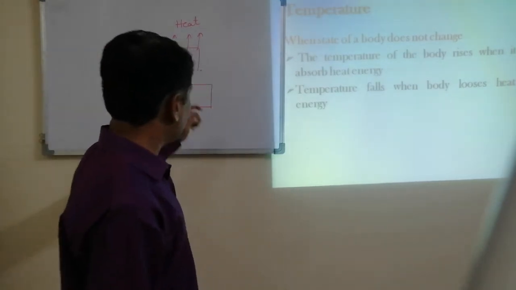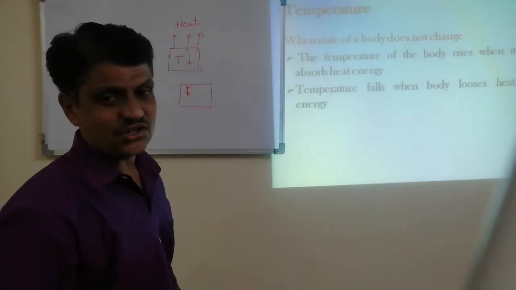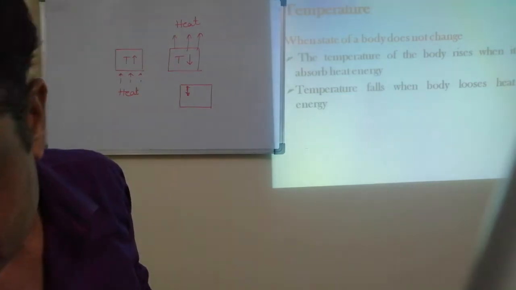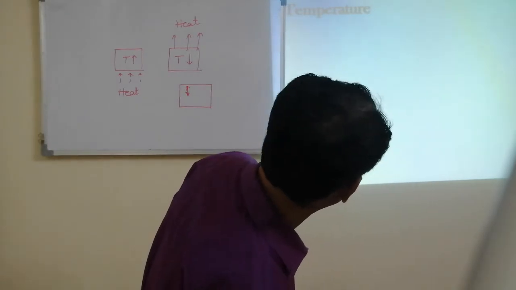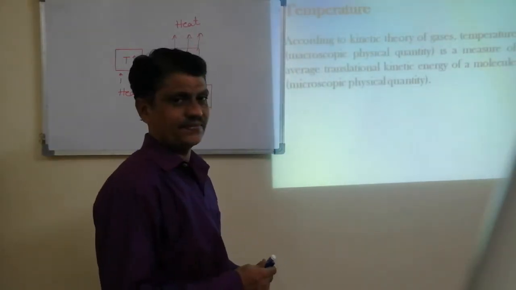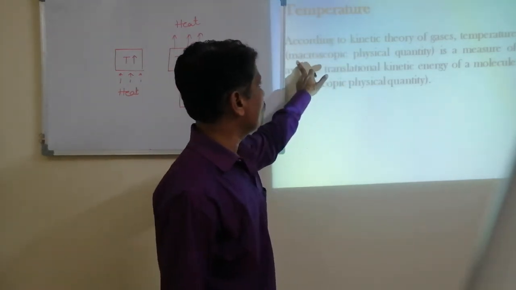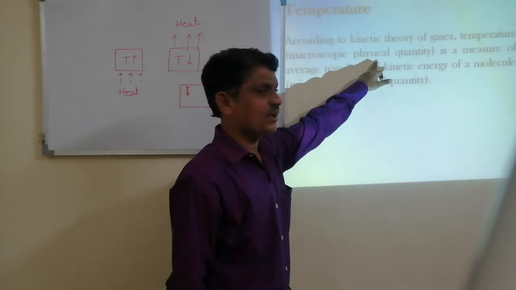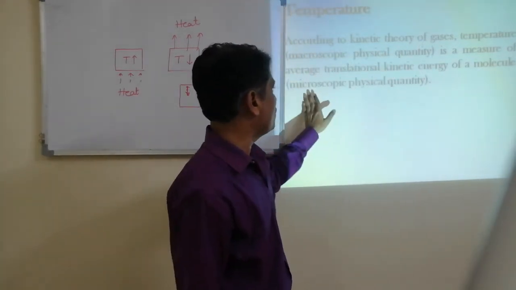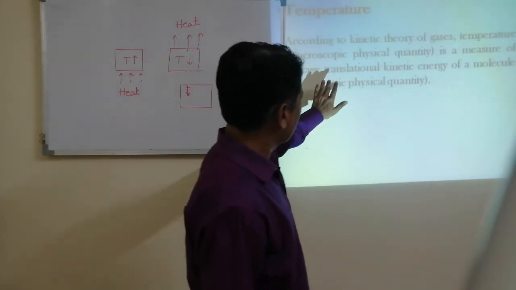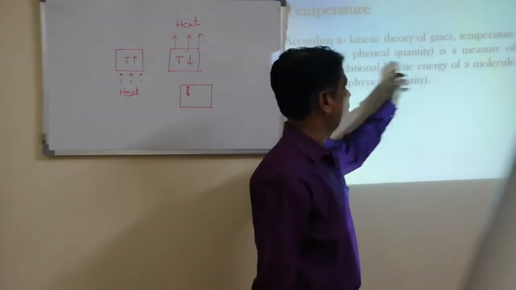The average kinetic energy of the atoms or molecules decides the temperature. That is, the average kinetic energy of the molecule is the temperature. According to the kinetic theory of gases, temperature is a macroscopic physical quantity that is a measure of the average translational kinetic energy of a molecule.